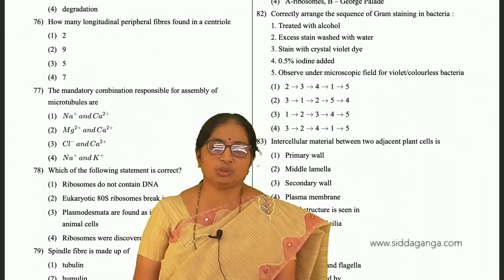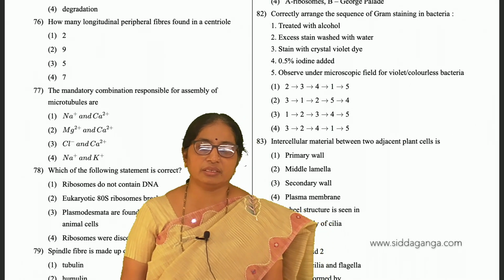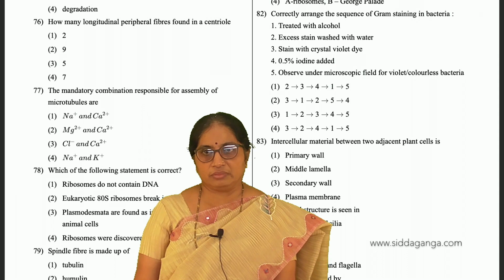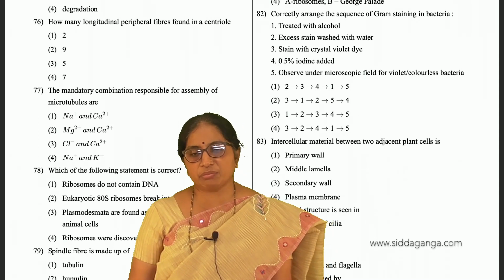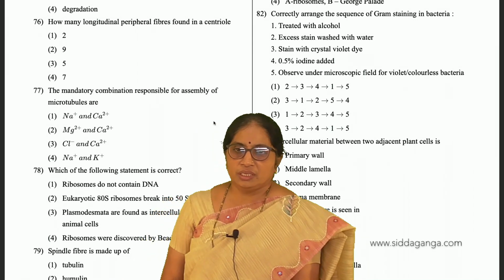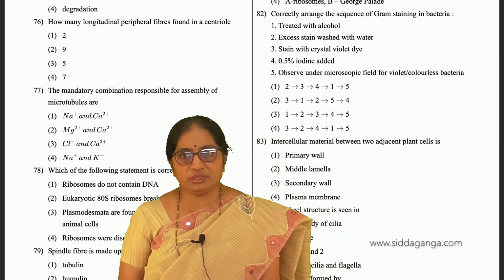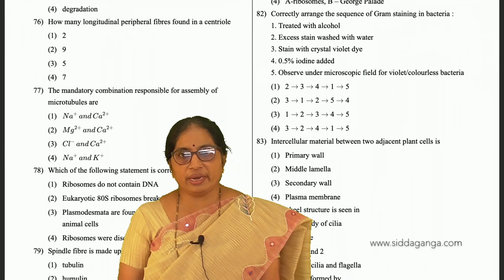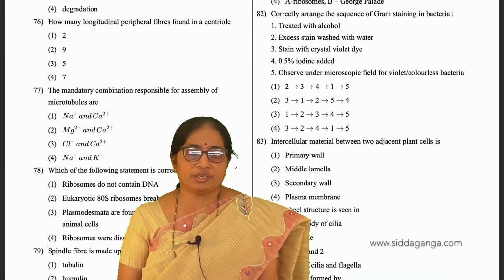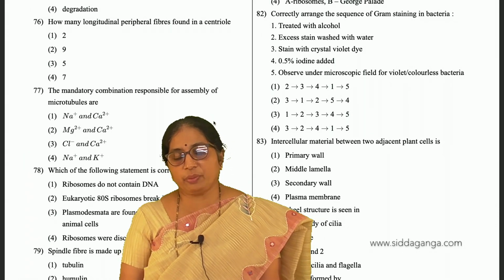The violet ones are called gram positive and the colorless bacteria are called gram negative. So, the right sequence of treating the gram stain is option 4. First, you stain the bacterial culture with crystal violet dye, then wash with water, then add 0.5% iodine, then treat with alcohol.